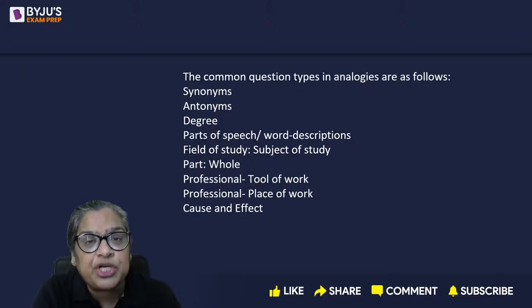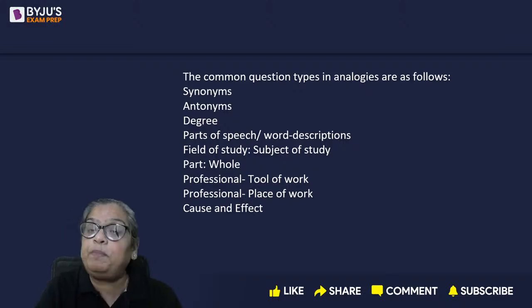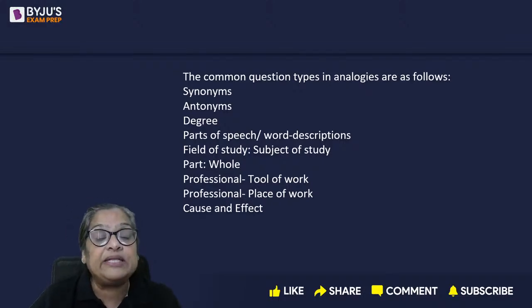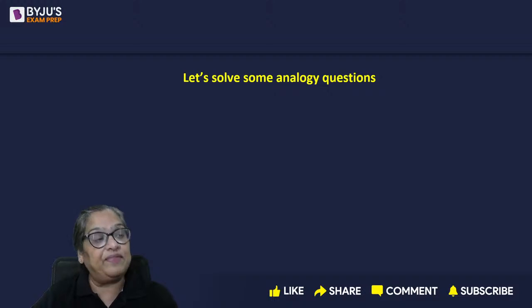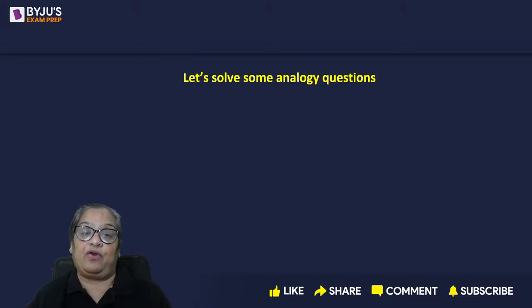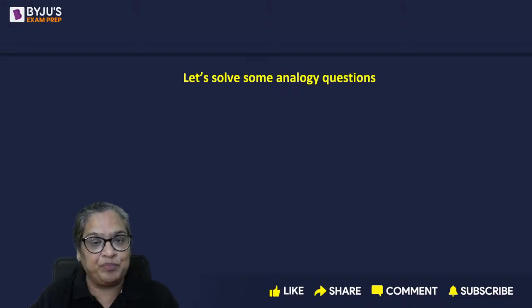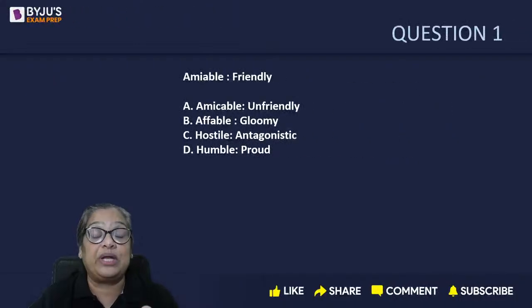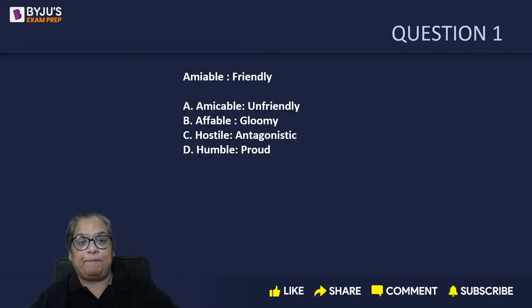So the relationship between the stem words could be anything. You have to read the stem words pair given in the question and decide what the relationship is, and then figure out which answer option has the same relationship. All right. So let's solve some analogy questions so you can understand exactly how to answer them.